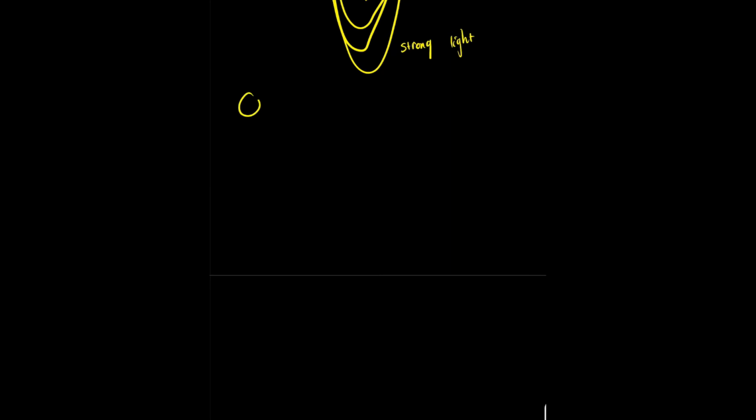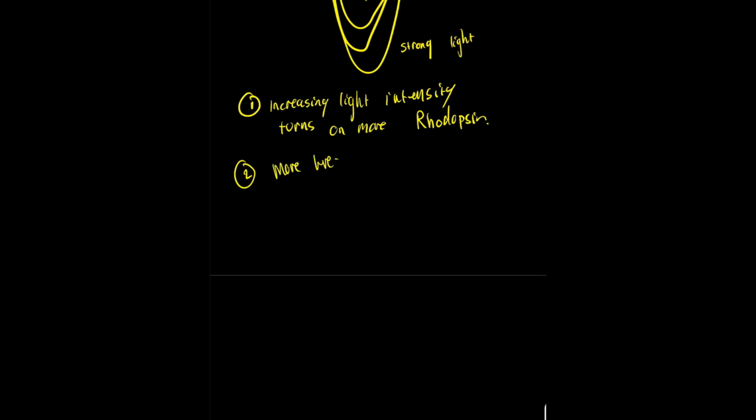So the first thing is that increasing the light intensity turns on more rhodopsin molecules. It makes sense. If you have a lot more light, a lot more of those G protein systems are going to be turned on. Then, of course, you're going to have more breakdown of cGMP. If you have more systems turned on, that cGMP is going to get broken down into GMP.